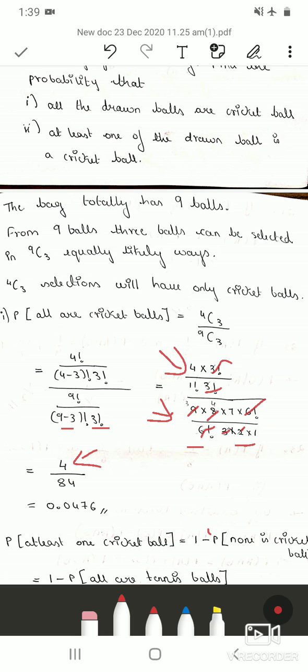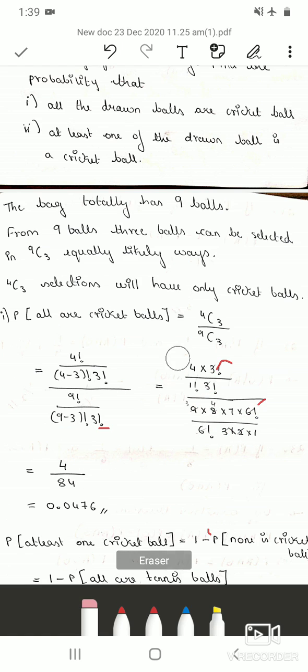Therefore 3 into 4 into 7, which is 84. 12 into 7 is 84. Therefore the probability of getting all drawn balls as cricket balls is 0.0476.